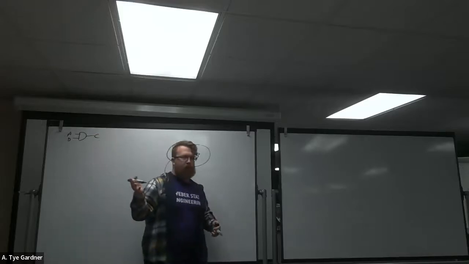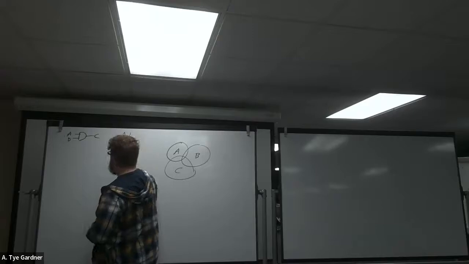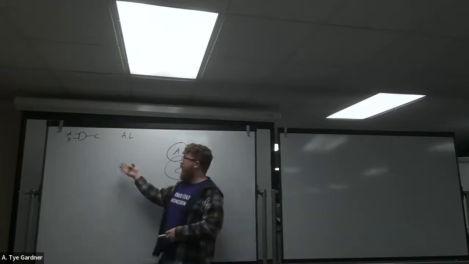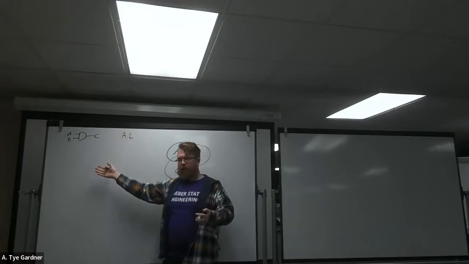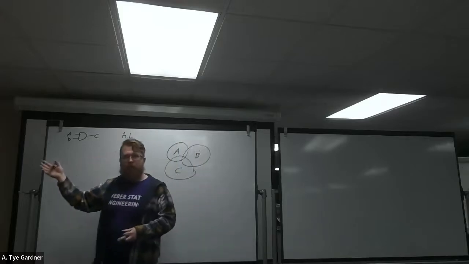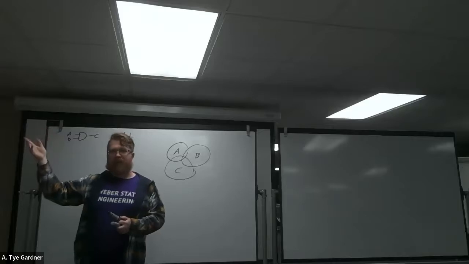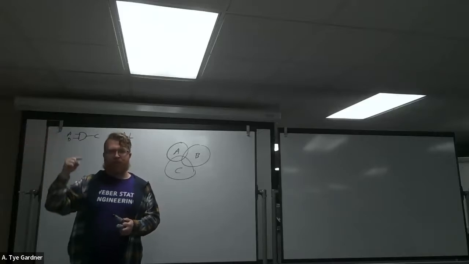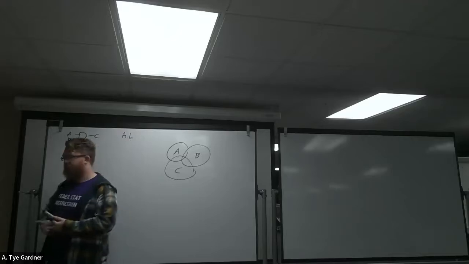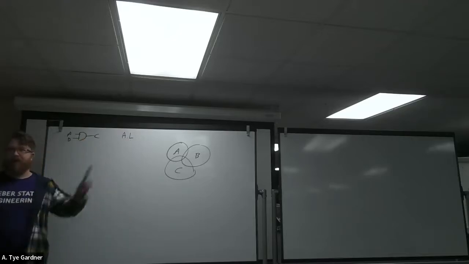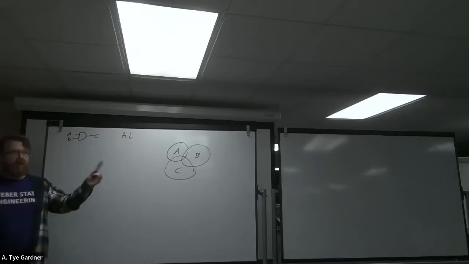It's possible, if you've looked at your books, I post the chapters, where it might have a signal called A dot low, and that's saying that true or on is actually a 0 because it's an active low signal. I don't focus very strongly on that for you because I think it adds a lot of overhead and it gets confusing, but I need you to be aware so when you go read the book, you understand what they're talking about, right? I'm not going to ask questions on the exams, certainly, about active low circuits, but I want you to be aware they exist, so when you read them, it makes sense.